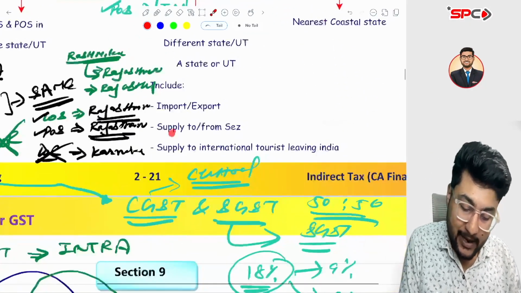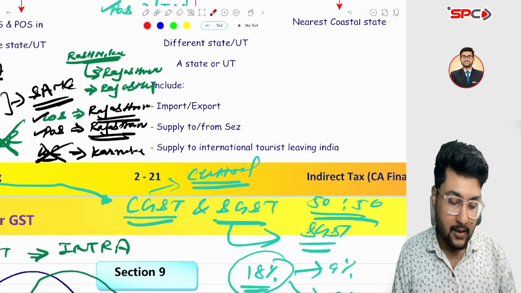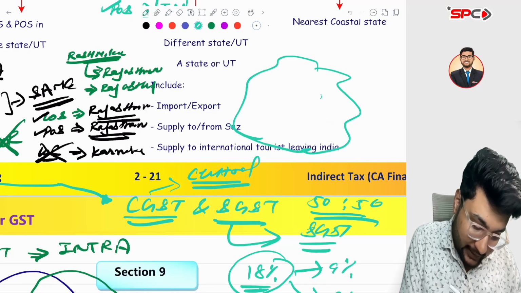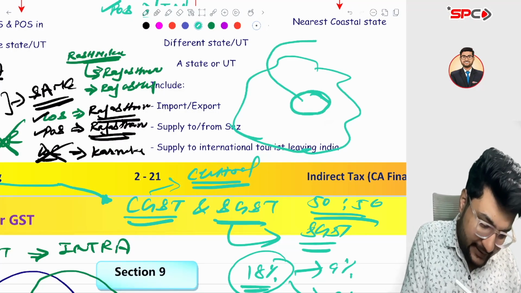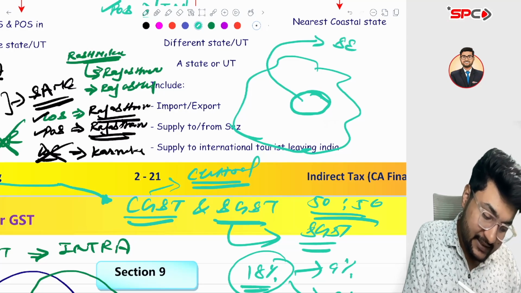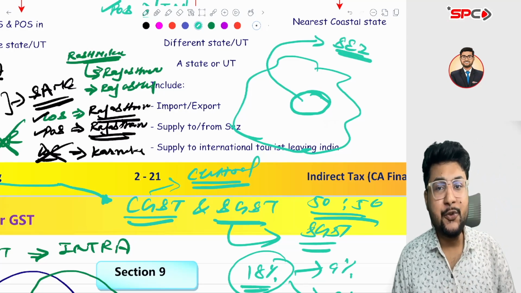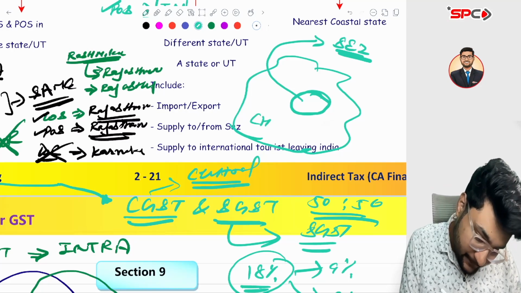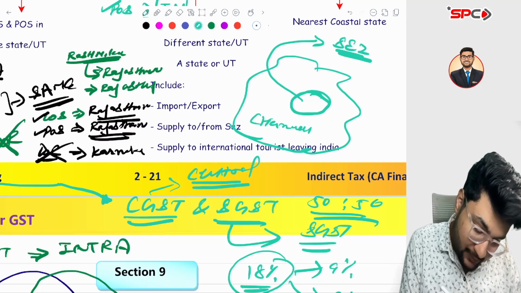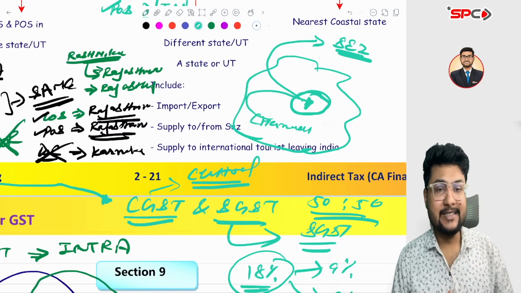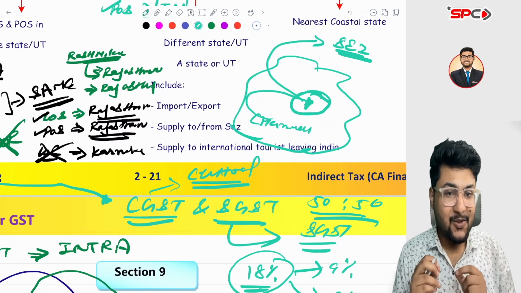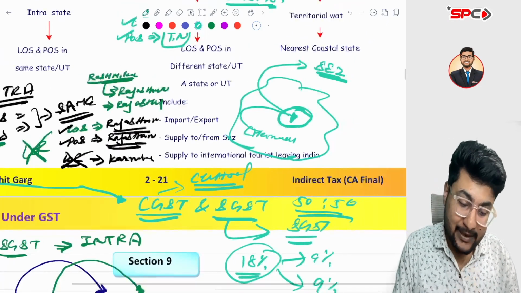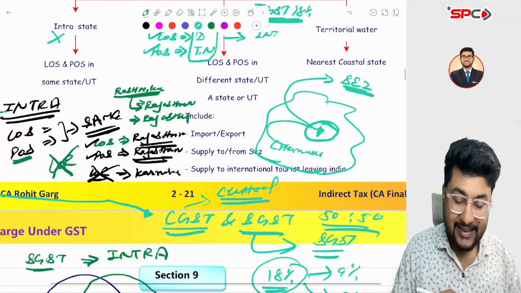Second, supplier or recipient in an SEZ. Suppose you are in Tamil Nadu, and in Tamil Nadu there is a special city which is an SEZ unit or SEZ developer. Suppose you are in Chennai, and from Chennai you are supplying to this city. Even though it is within the state, you will not call it intrastate.